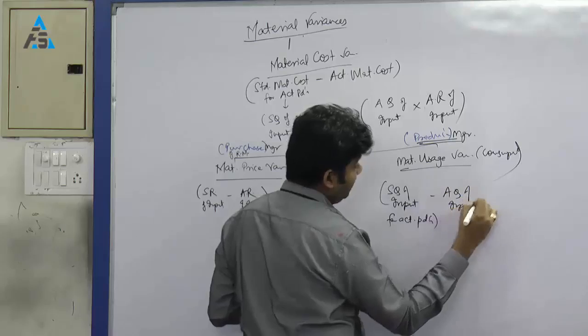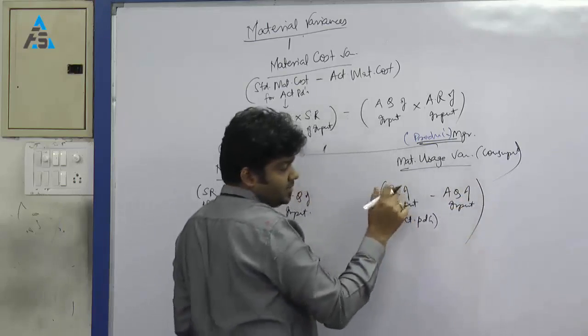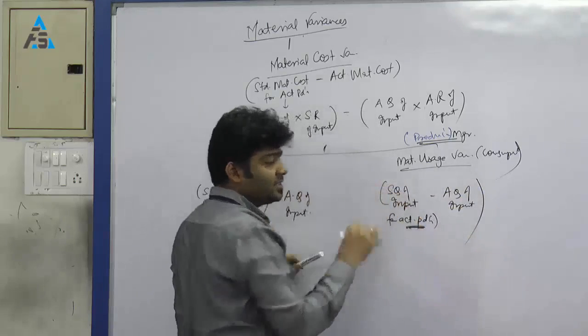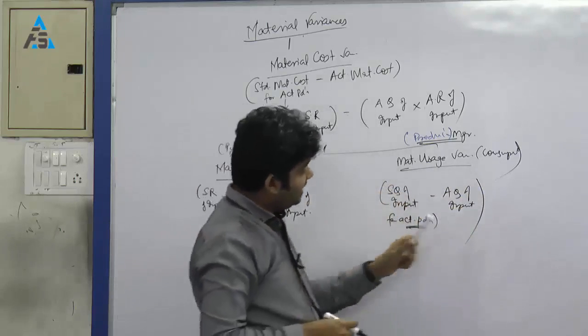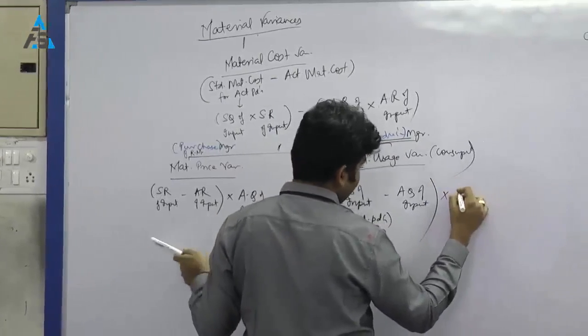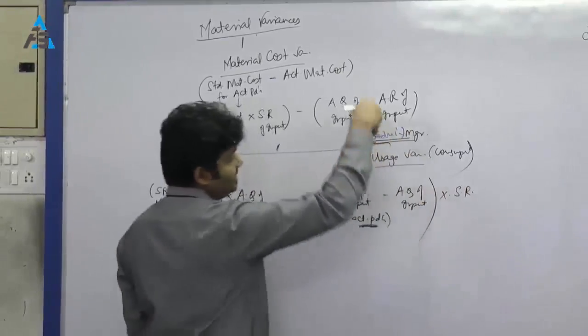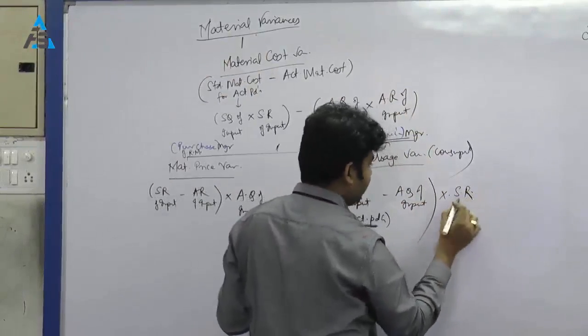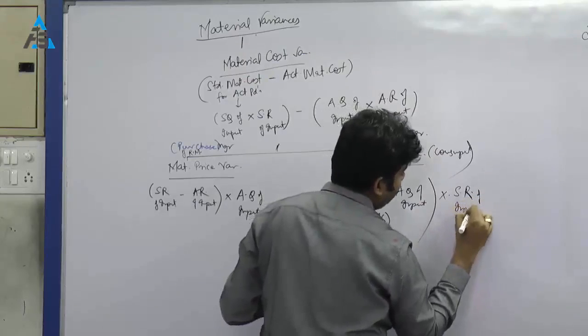Actual production के लिए कितना standard quantity of input use हुआ है, minus actual quantity of input into, I will say, standard rate. Why? Because production manager is inside the factory, not aware of what rate is going outside in the market. So standard rate of input.